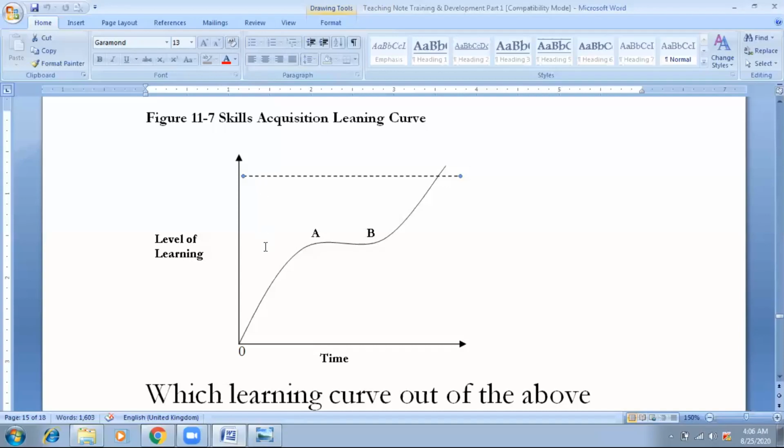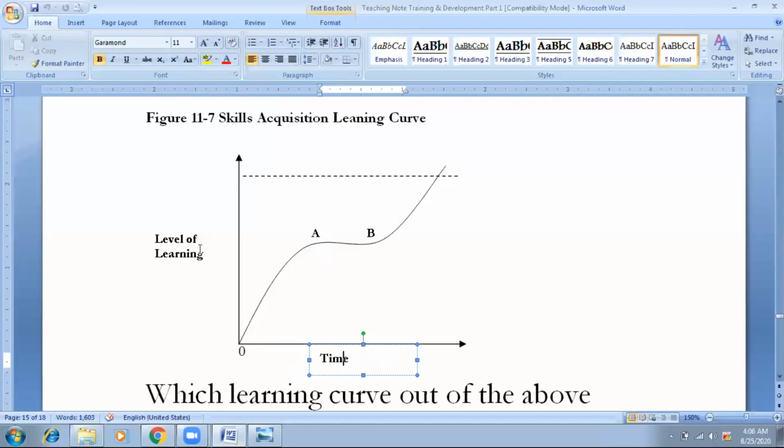Okay, so what is this? A and B. When the time passes, the level of learning tends to increase up to A. Then the time passes, but the level of learning does not tend to increase, does not tend to change.